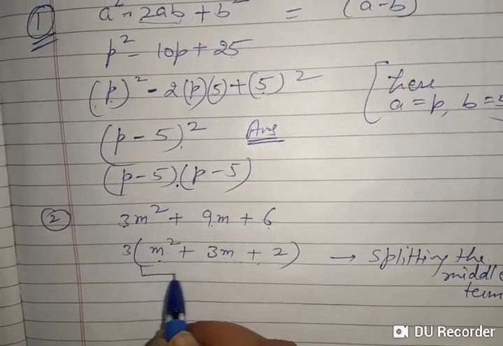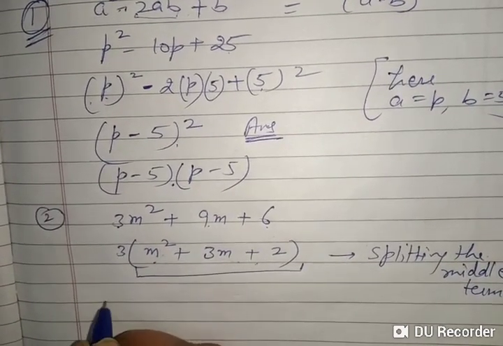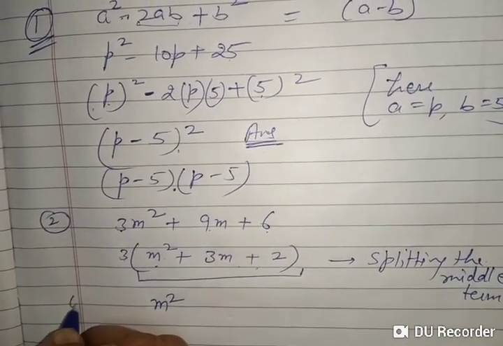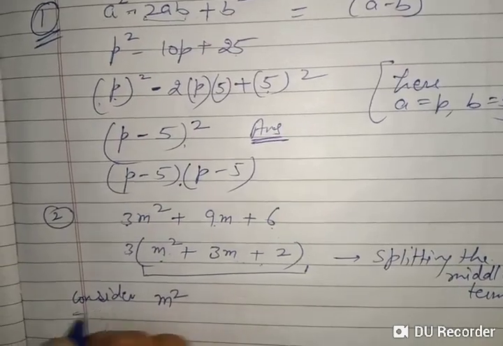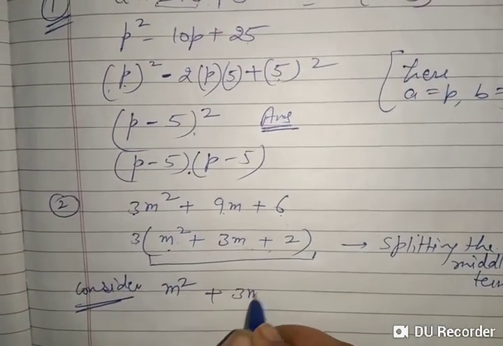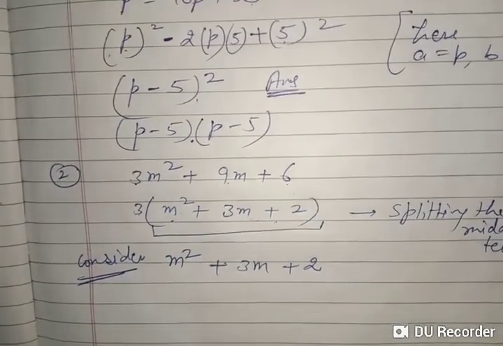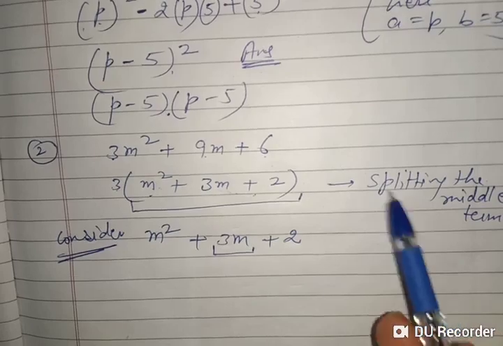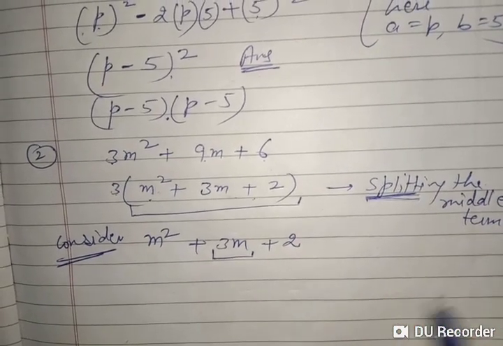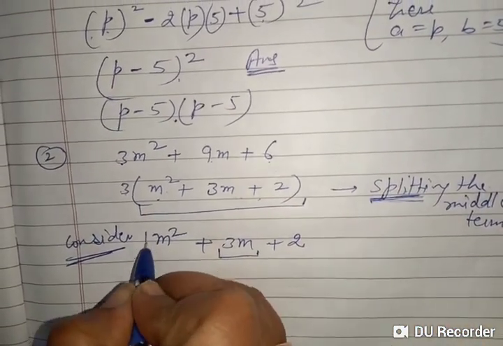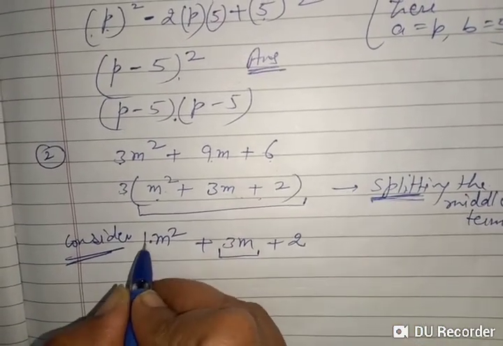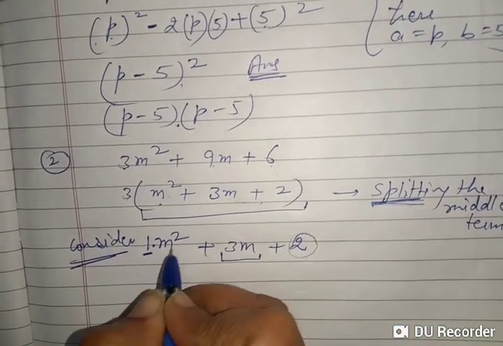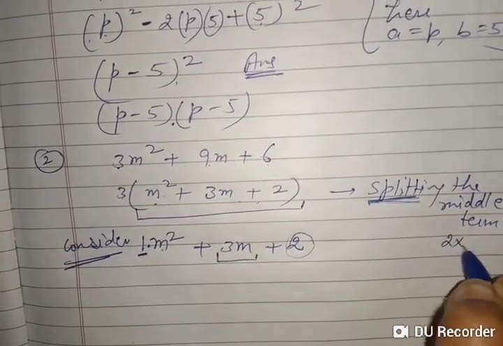So in this, I am not picking the 3 because I want to explain this only to you. I am considering this. Okay, I am writing here, consider m square plus 3m plus 2, splitting the middle term. The meaning is, this is the middle term and we need to split. What is the method to split? Just find out the factors of this multiplication. 2, this last term 2 and this coefficient 1. 2 multiply 1 is 2.